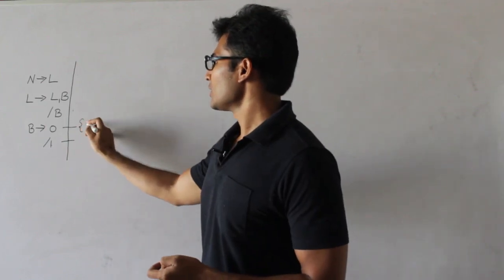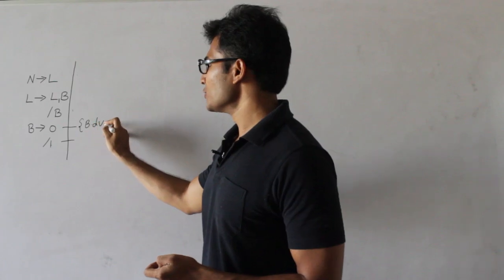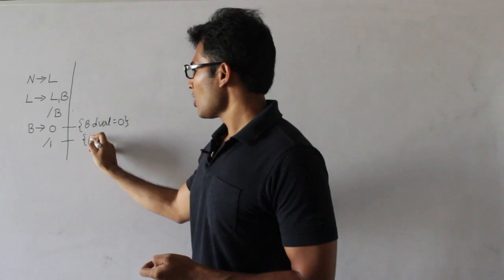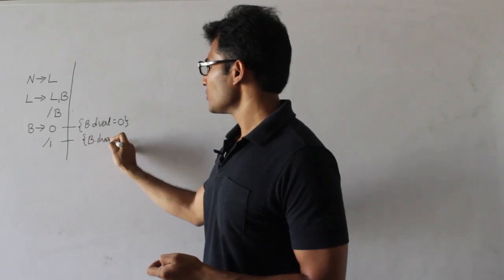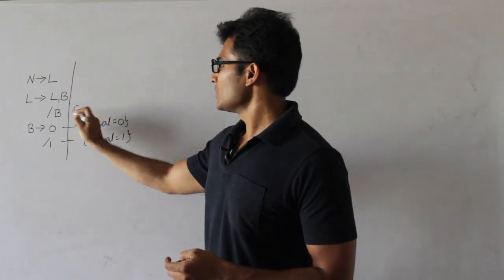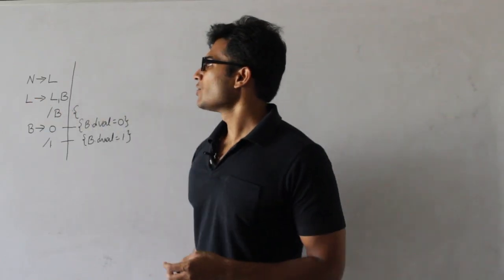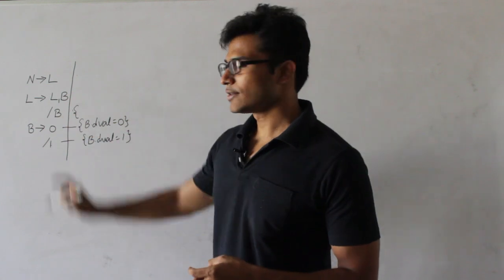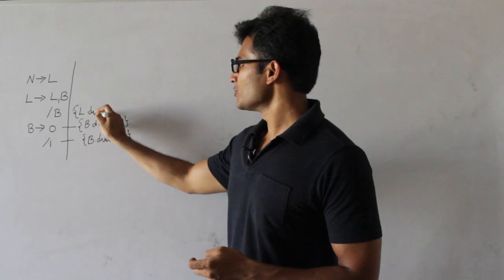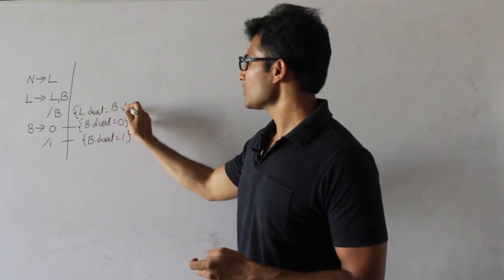Then that bit's decimal value is 0 if it is 0, or 1 if it is 1. Now in this production, the decimal value of L is whatever is the decimal value of B, which means L.decimal value is equal to B.decimal value.